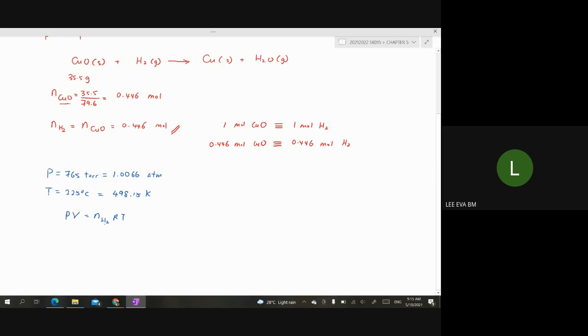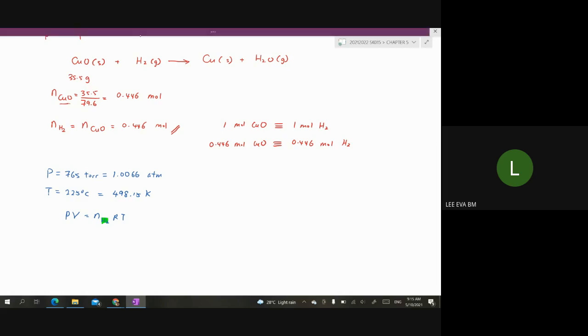Yang ini H2 adalah abbreviation sebab dekat sini saya ada banyak species. Saya ada copper oxide, saya ada hydrogen, saya ada copper, saya ada H2O. So I need to put this abbreviation, dia punya simbol. So maksudnya number of mole ini belong kepada siapa? So awak kena tulislah sebab the next subtopic, this abbreviation very important.